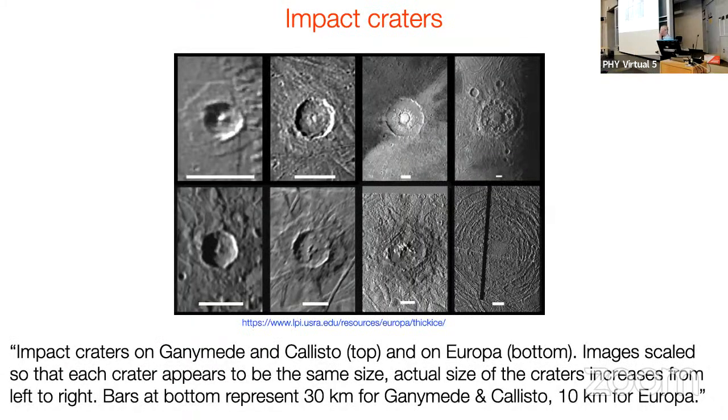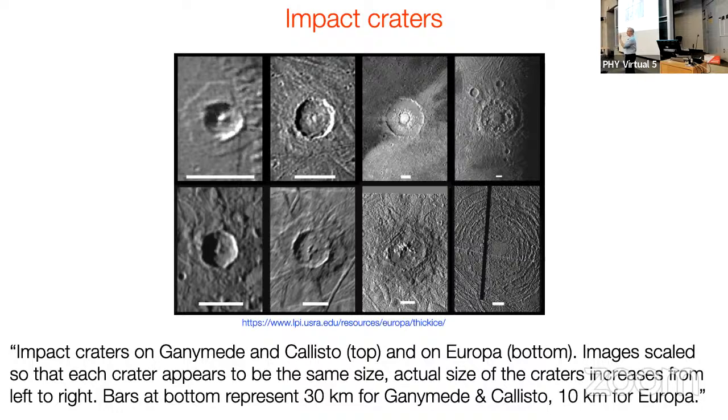Okay, so now what is the problem we're trying to solve when it comes to Europa? You see craters on Europa, and they're different sizes. You can see the scale at the bottom. But the interesting thing is Europa is phase locked to Jupiter.